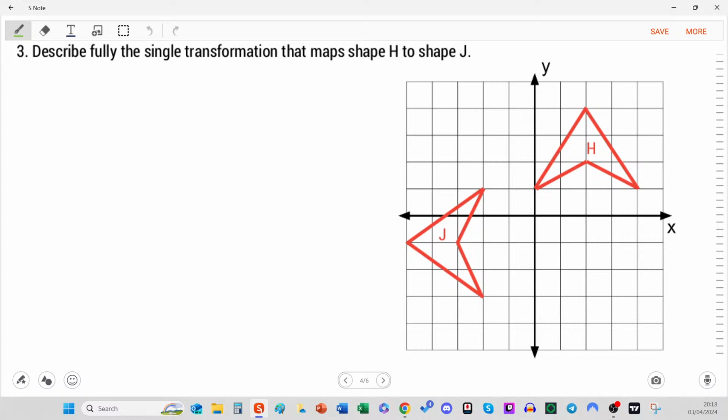Describe fully the single transformation that maps shape H to J. I mean, it's not really a reflection. I'm trying to think of a line there that would give it a reflection.